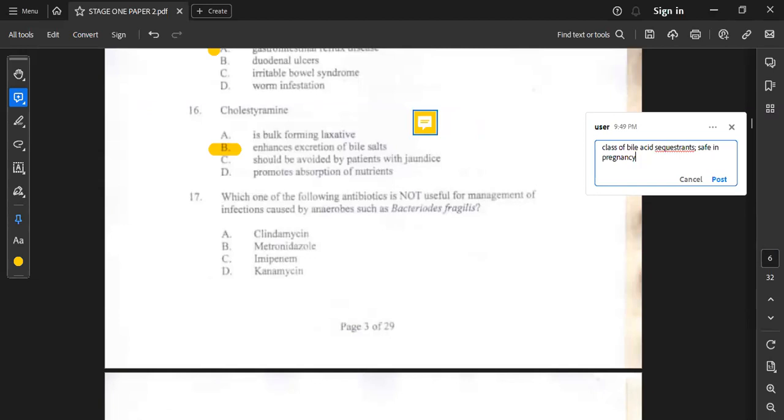Also, niacin or nicotinic acid, which is a water-soluble B complex vitamin.